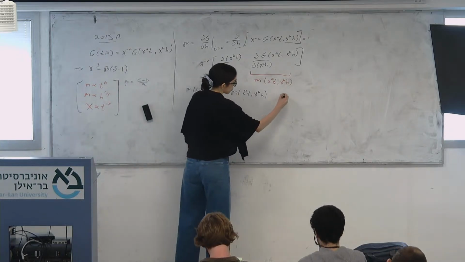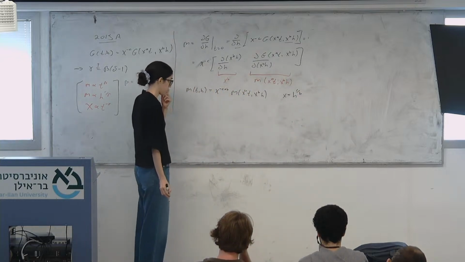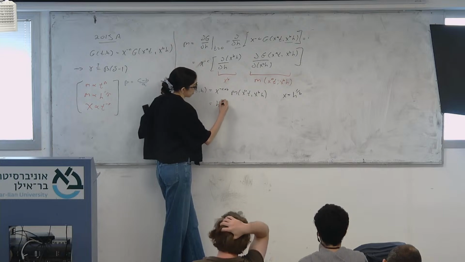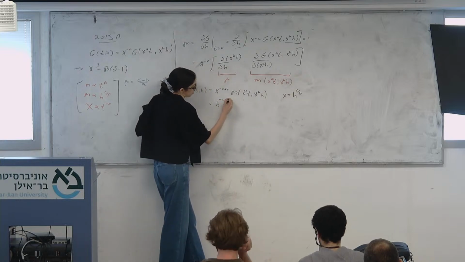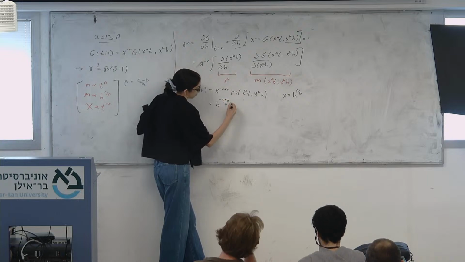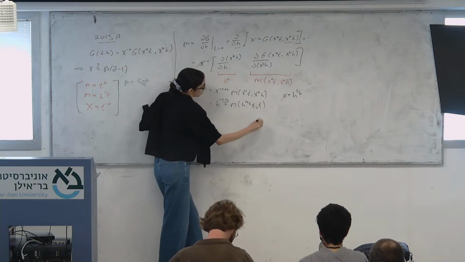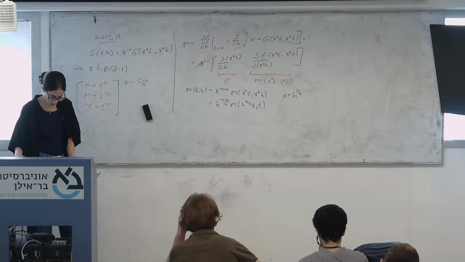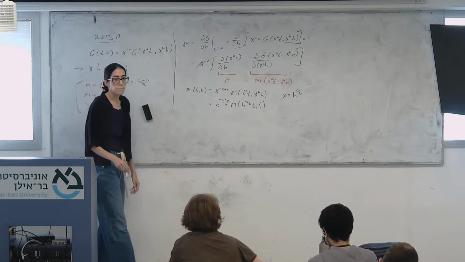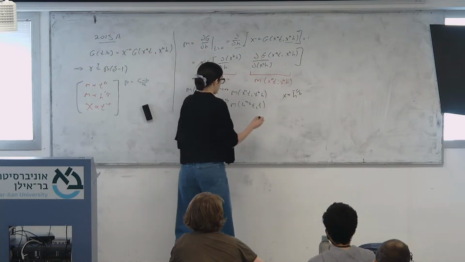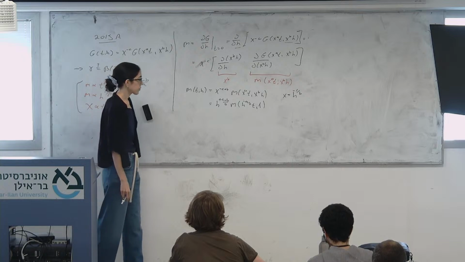So now we're going to choose x equal to h to the power 1 over b, which is going to give us h to the power minus c plus b over b. Okay, so this is exactly the same.